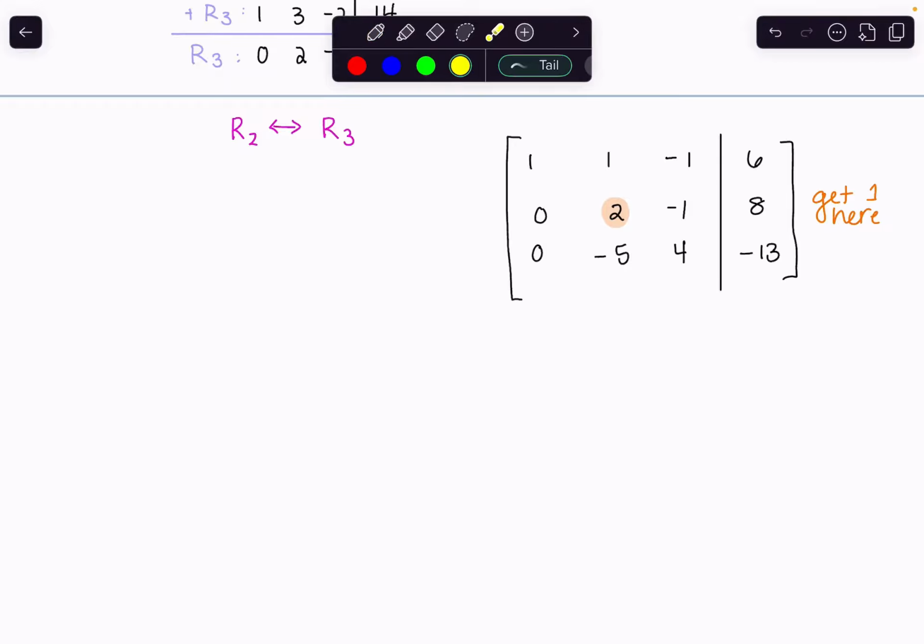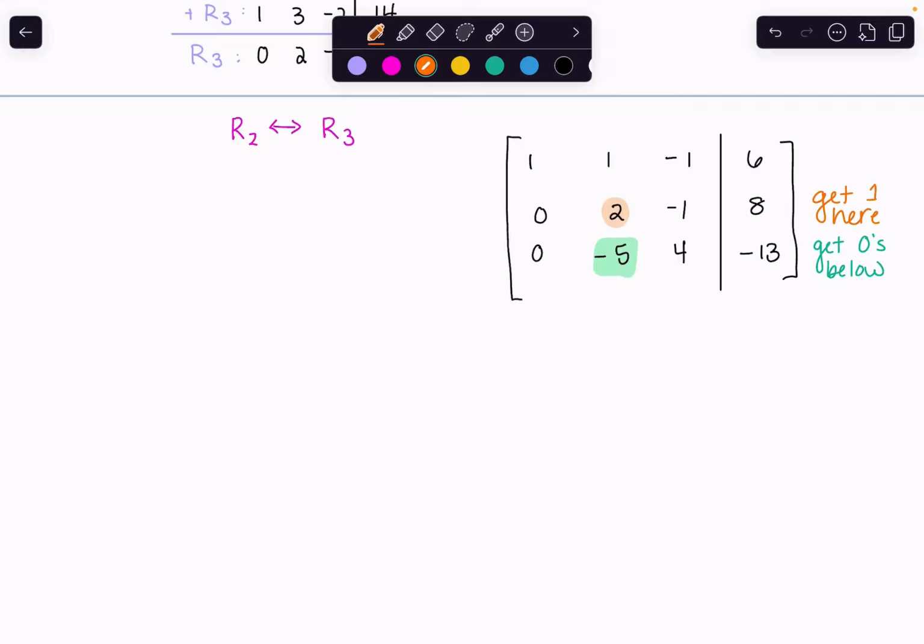Then if I was doing reduced row echelon, I would need to get zeros above and below. But like I said, I'm going to take a different approach to this one. So I'm just going to get a 0 below it. Okay.